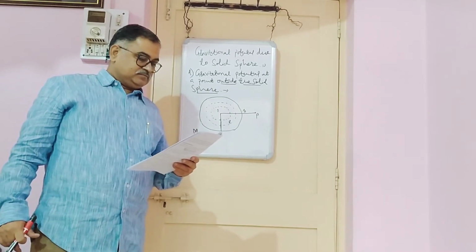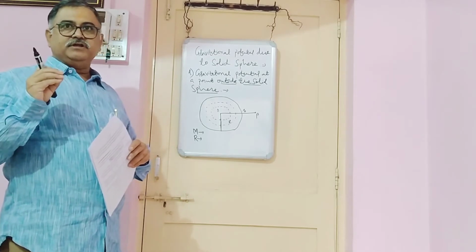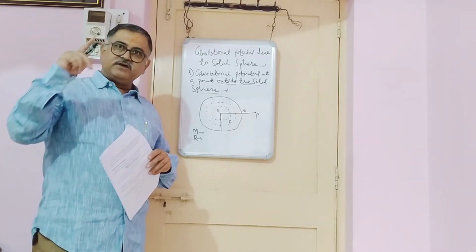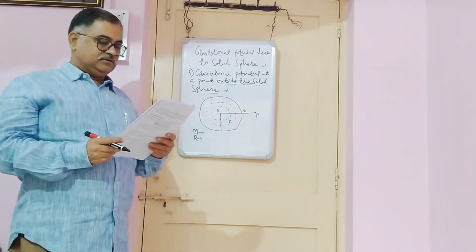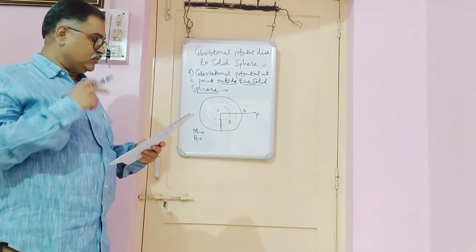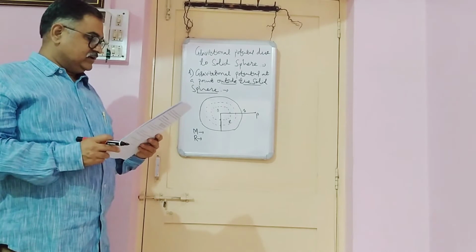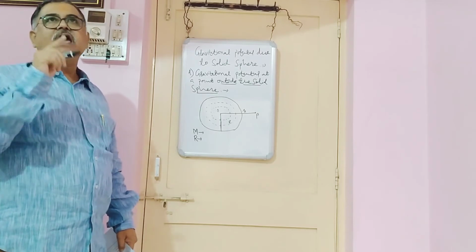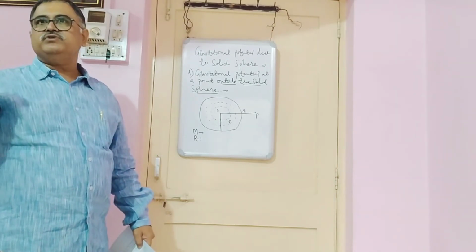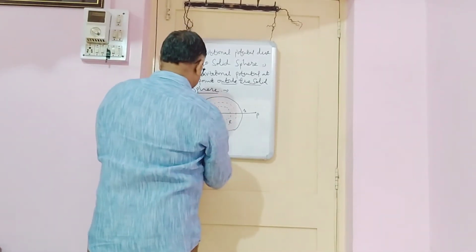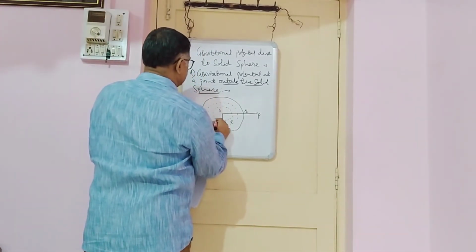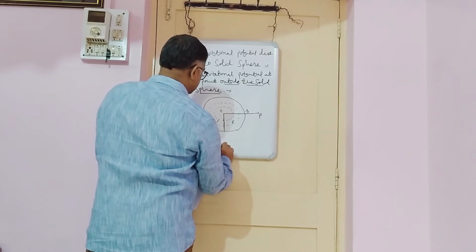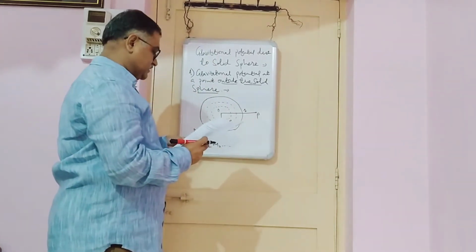In the beginning we discussed that the sphere is made up of a number of concentric spherical shells, one inside the other, and the shells have masses M1, M2, M3. In this way we can say M.